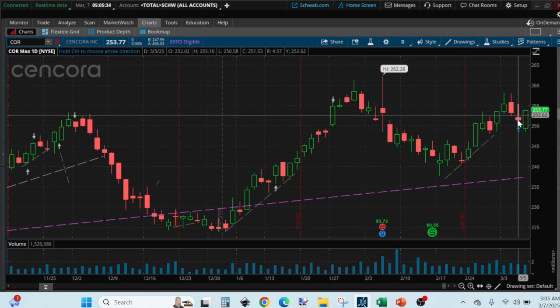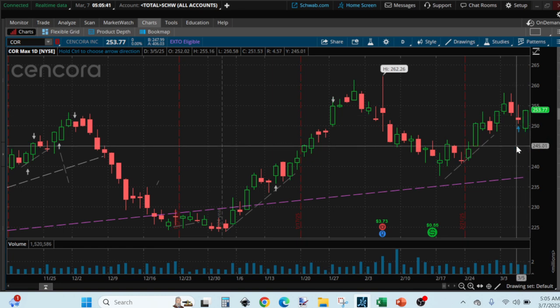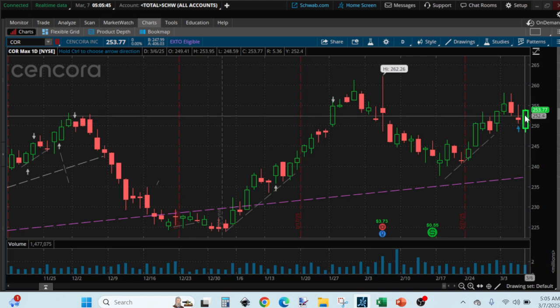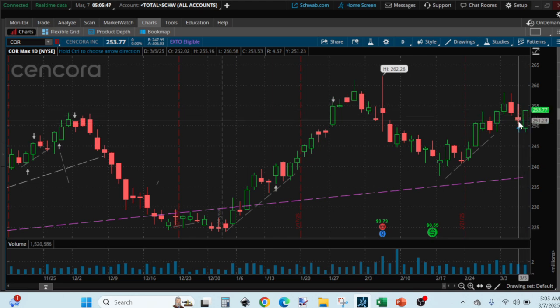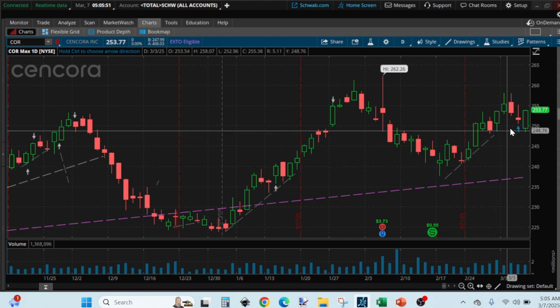So we bought it and then it turned red that day. So one thing I like to point out as well is this is an entry point as well, following a pullback that is higher than the previous one. So we have higher lows here.